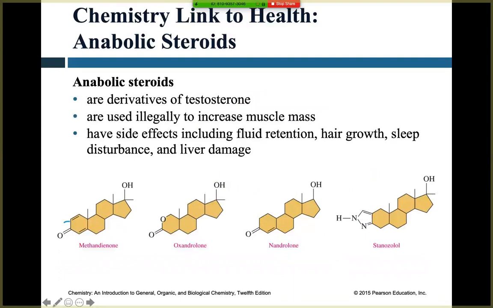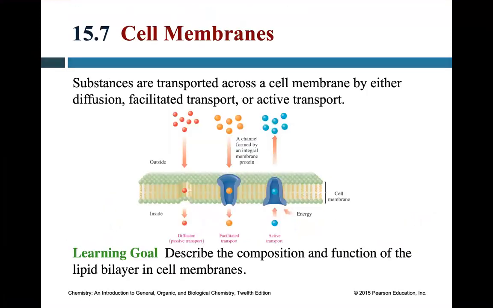Again, we can see we have the same basic structure of steroids, but now there's my carbonyl oxygen at the same position. All of them have hydroxyl groups at the same position. Obviously, there's going to be some difference in chemical structure, but there is a similarity to testosterone, and that's why anabolic steroids have the effect that they do.